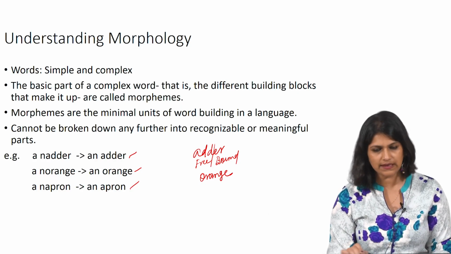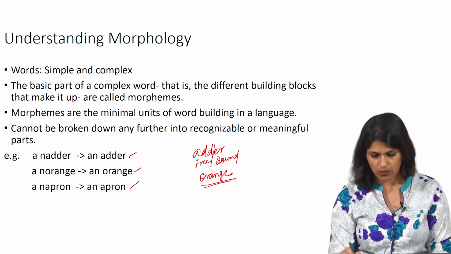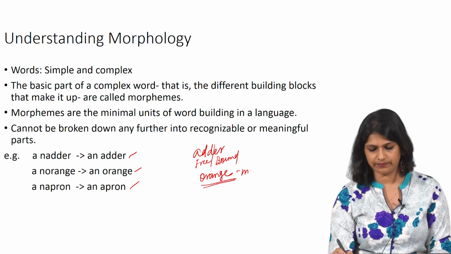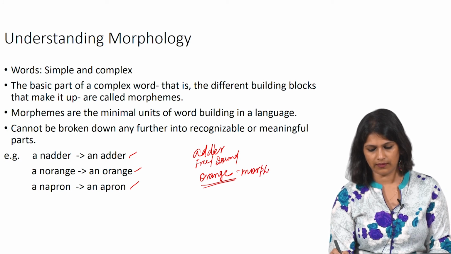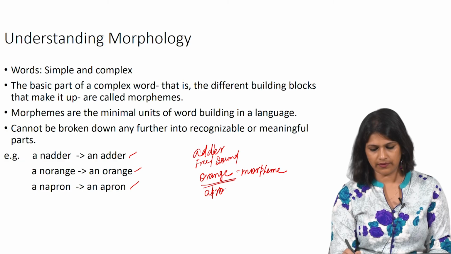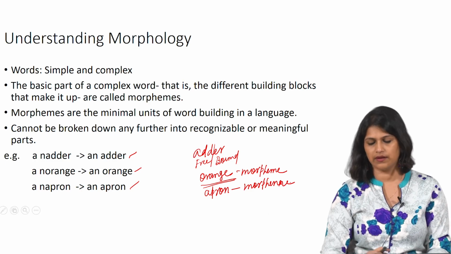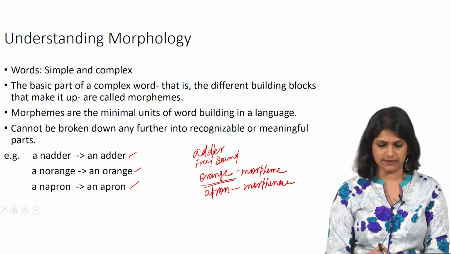No, it cannot be. So, you can't break orange into any part. So, this whole thing is a morpheme. Apron, whole thing is a morpheme, because you cannot break it into pieces, right.